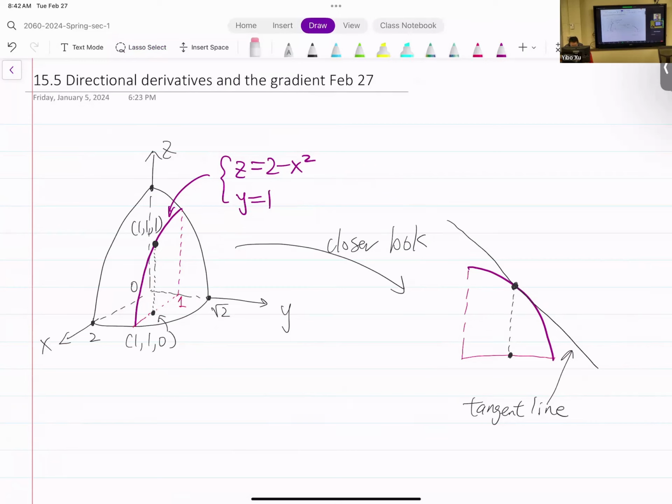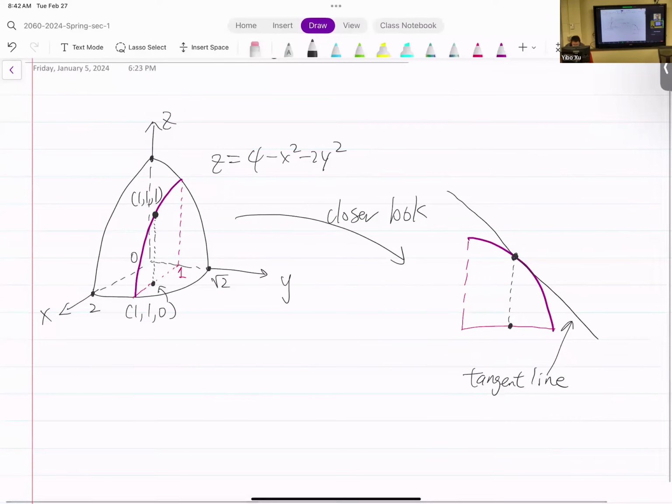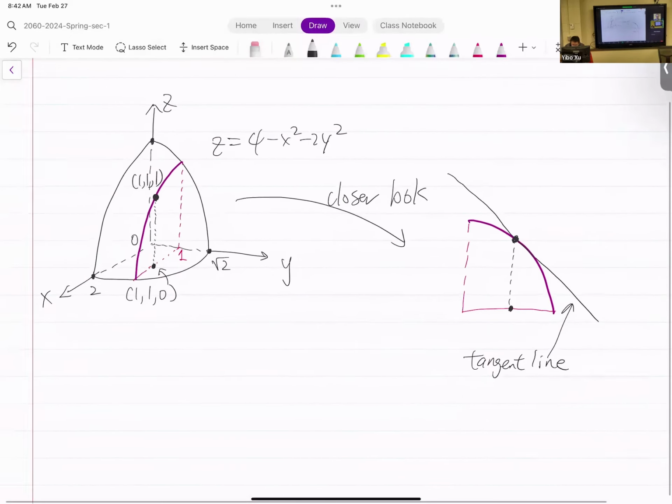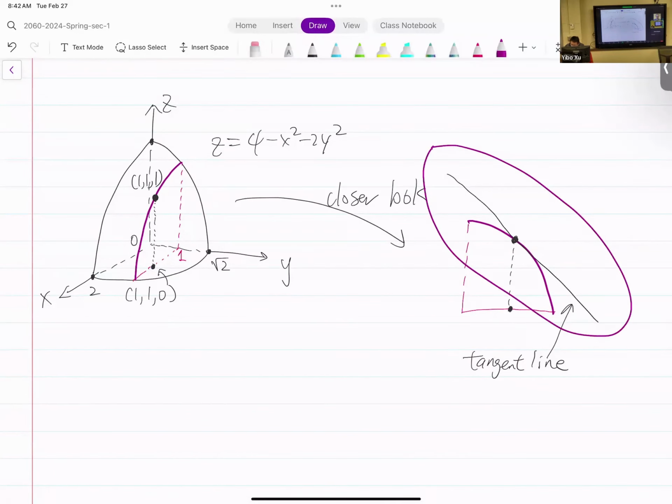So if you recall, here we have this elliptic paraboloid, z equals 4 minus x squared minus 2y squared, right? And here, essentially, this slope of the tangent line right here is the partial derivative, basically del z del x.